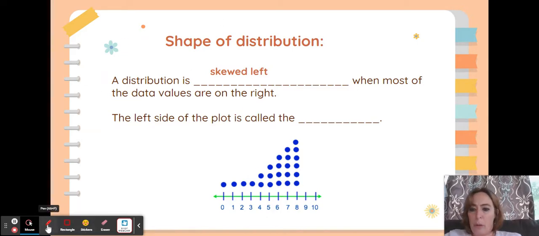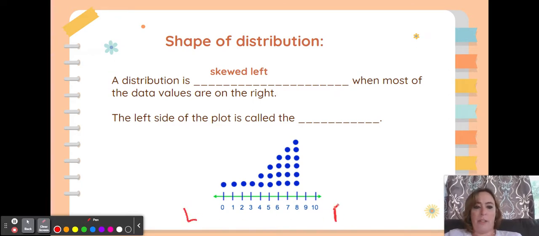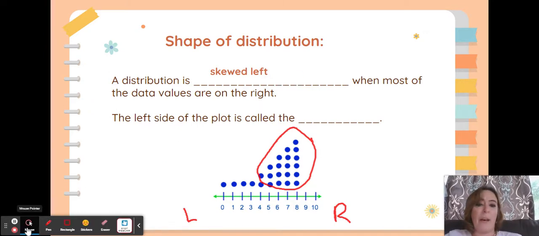So just so you remember, this is the left side and this is the right. So notice that most of them are on the right, so it's skewed to the left. Don't ask me why it says skewed to the left, except that there's not much on the left, okay?